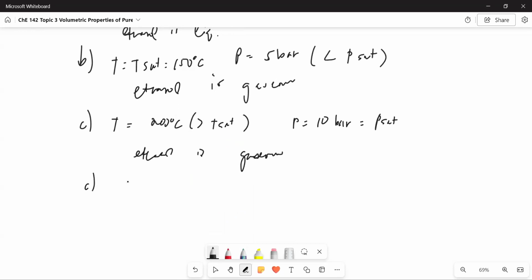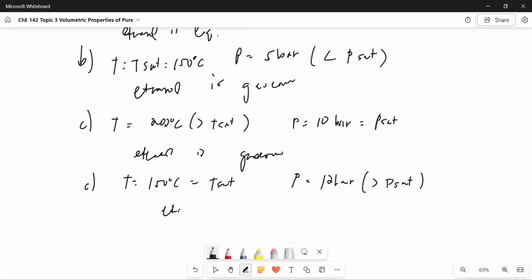Finally, for letter D, temperature is 150 degrees Celsius, equal to Tsat, but the pressure is 12 bars, which is greater than Psat. Okay.